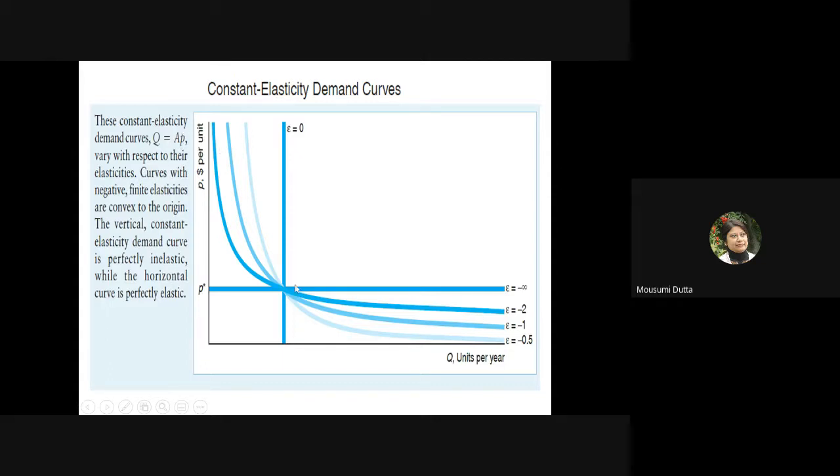We can generate all possible values of the elasticities. So this is the general case. All these curves are indicating rectangular hyperbola. However, we are working with the equation where the elasticity value is equal to 1, in the earlier problem.